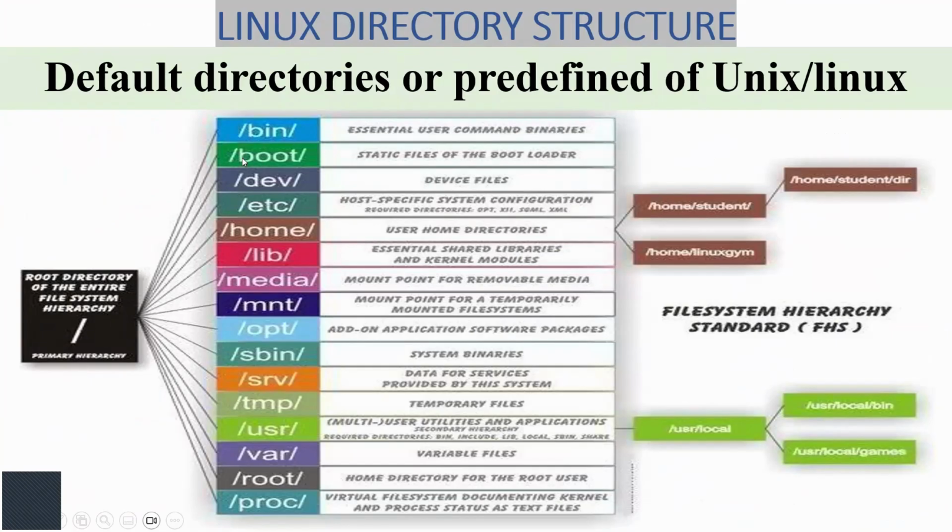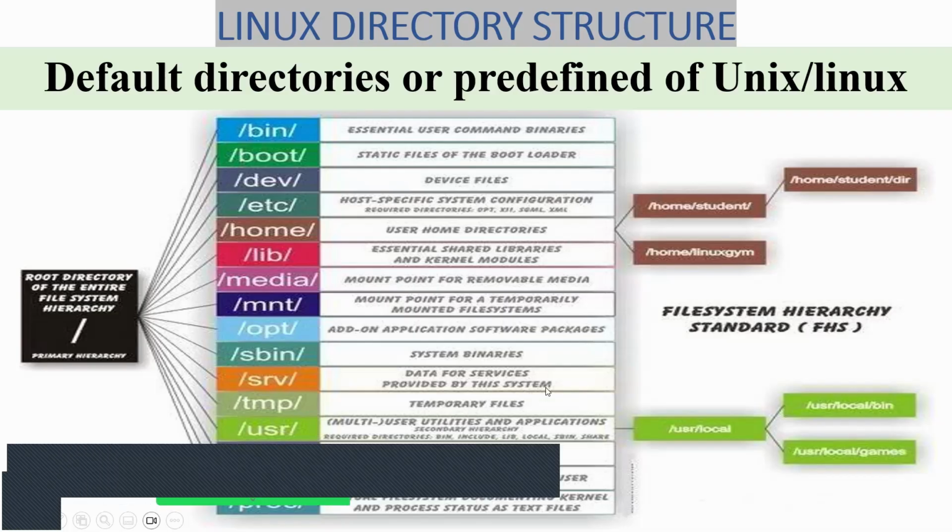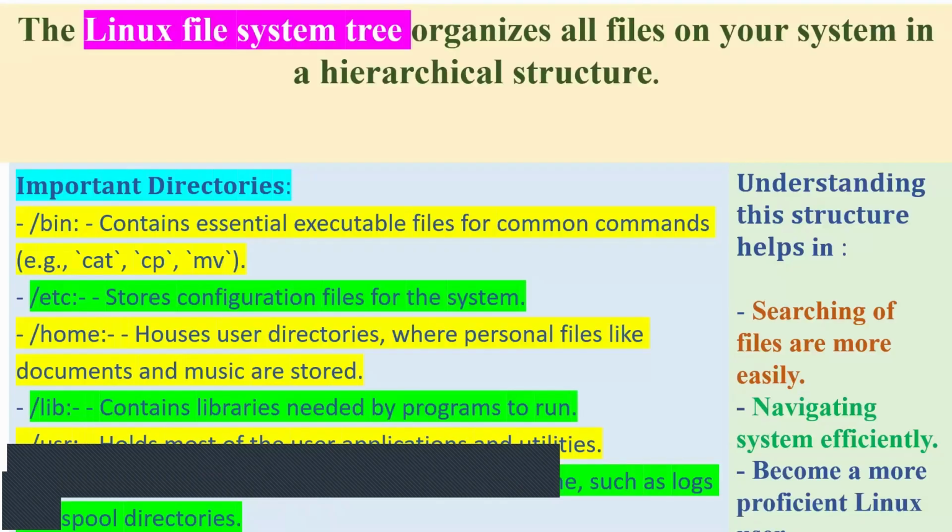We have slash bin, slash boot, slash dev, slash etc, slash home, slash lib, slash media, slash mnt, slash opt, slash sbin, slash srv, slash tmp, slash usr, slash var, home directory, and other systems. So this is how the default directory system is there.